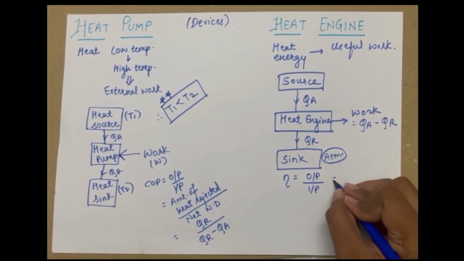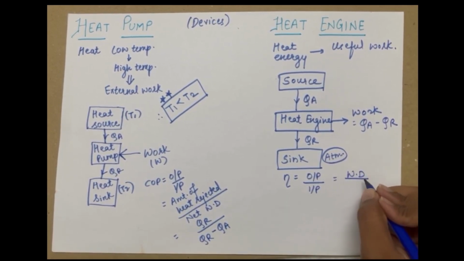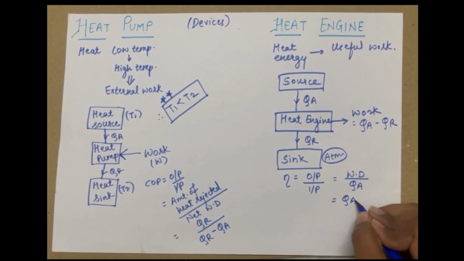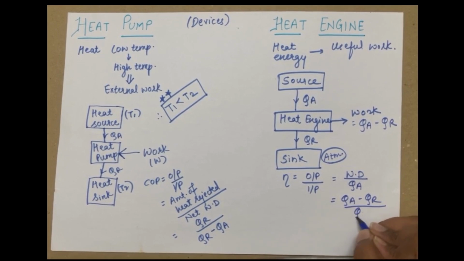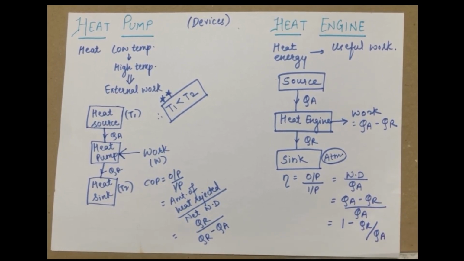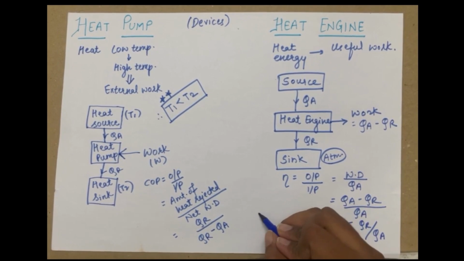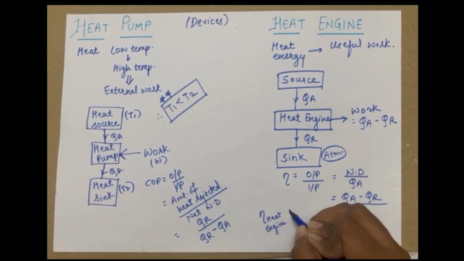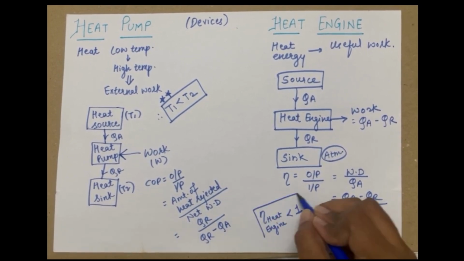Here we get output as work done, and input is the heat added to the system. And thus the equation becomes QA minus QR upon QA. Now separating the denominators, we get 1 minus QR upon QA. So one point to note about the heat engine is that efficiency of heat engine is always less than 1.